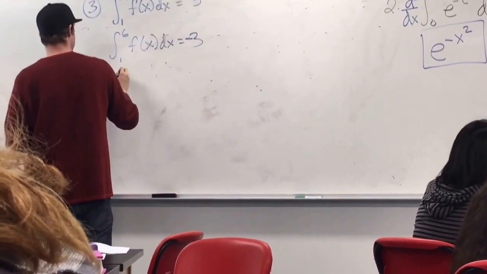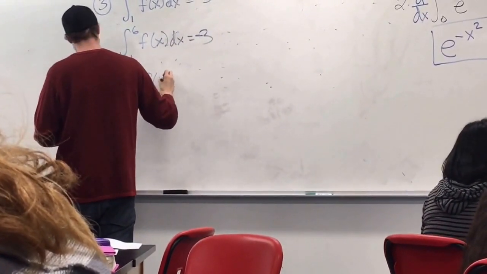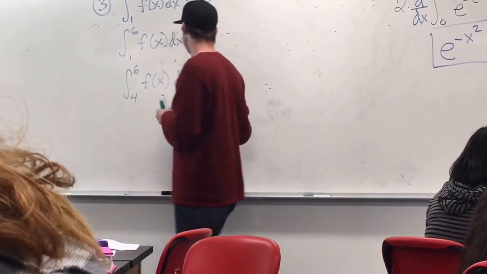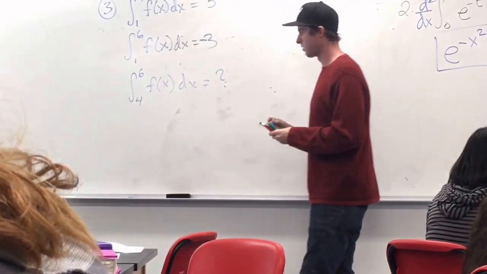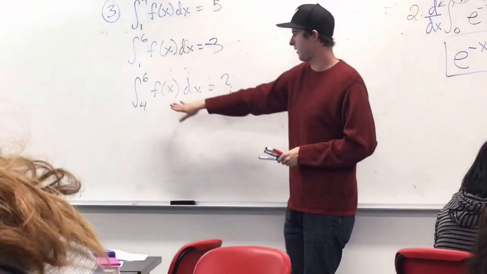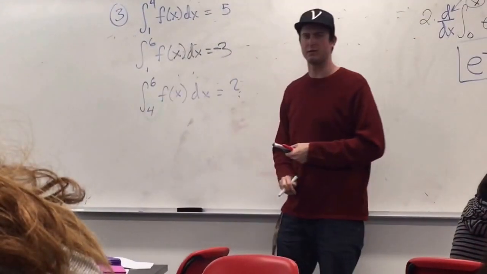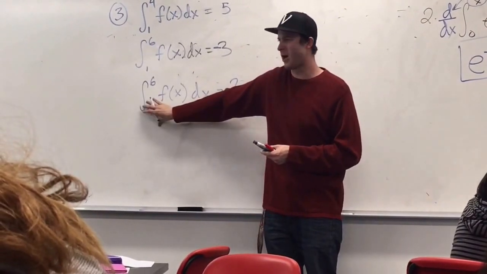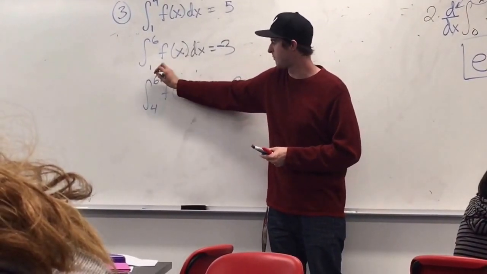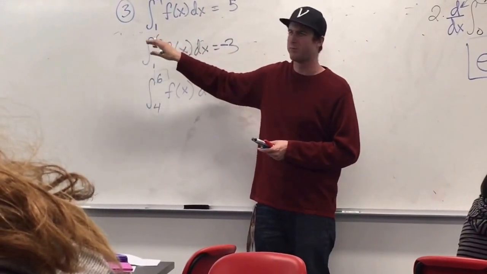And we wanted to know what is the integral from 4 to 6 of f of x dx. So with these problems, the bottom one is what starts on the bottom, the top one's going to end on the top, and the middle one's going to have to cancel out.